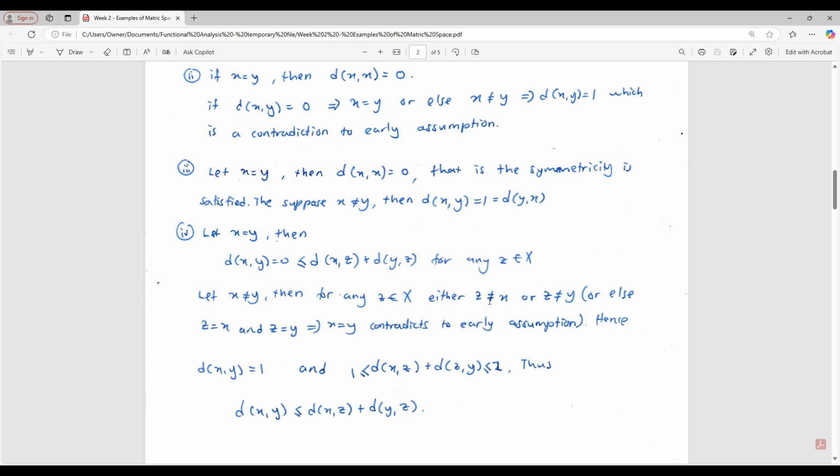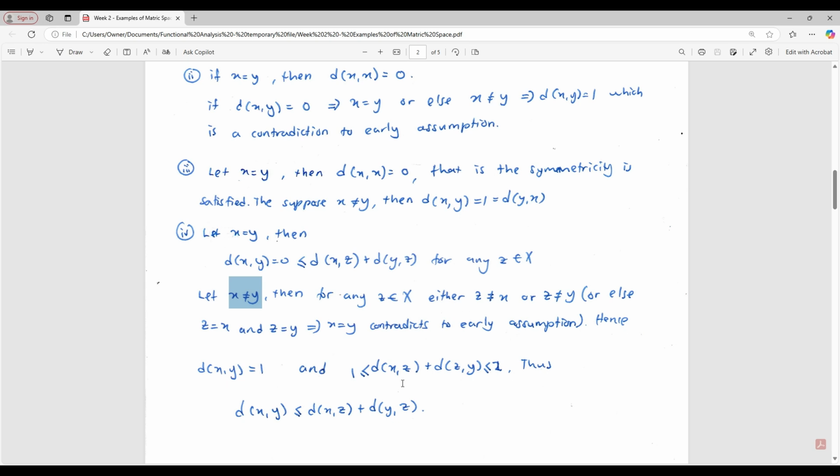We cannot have z equal to x and z equal to y at the same time, because this would imply that x must be equal to y, which contradicts this assumption. So therefore, it has to be one of them not equal to z.